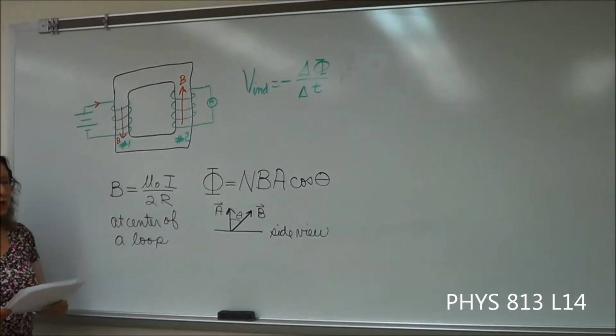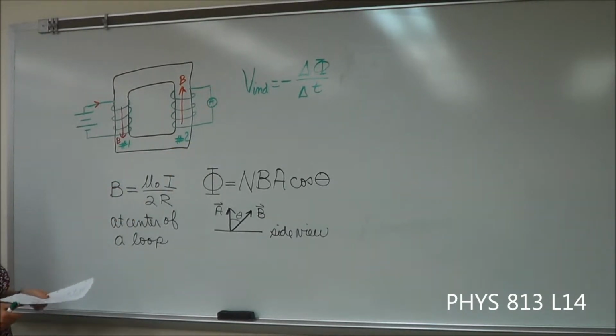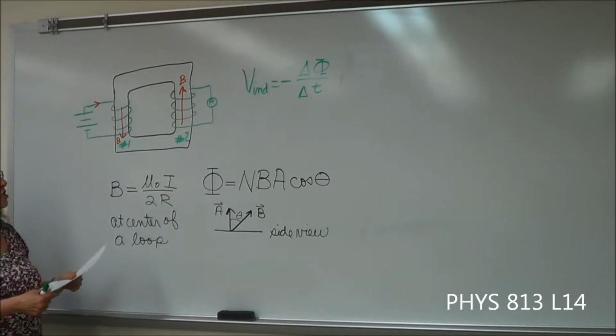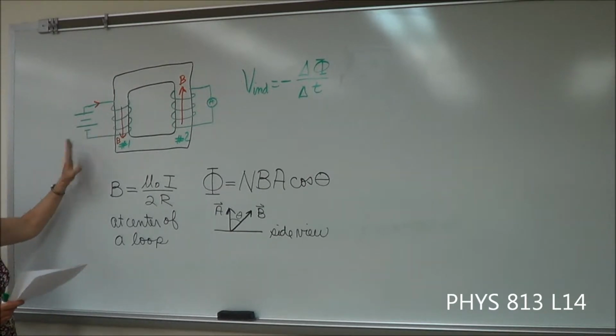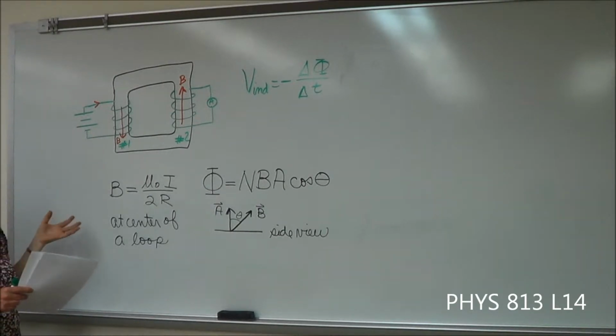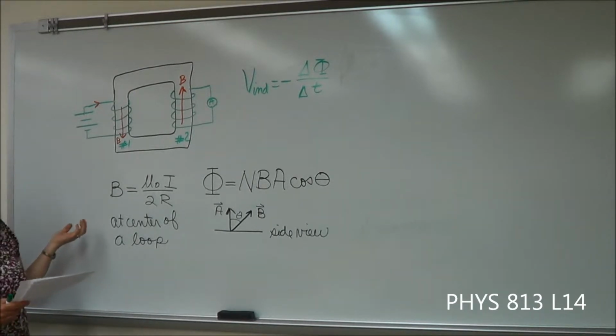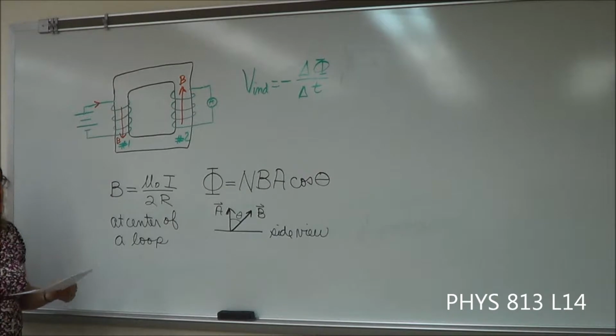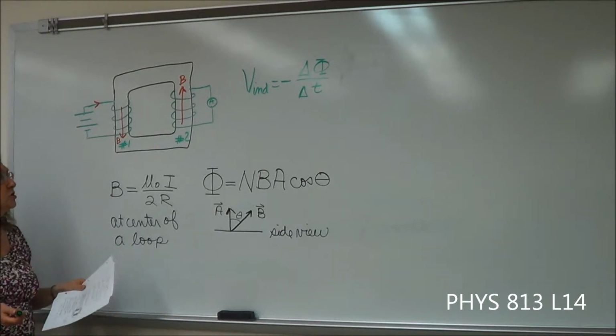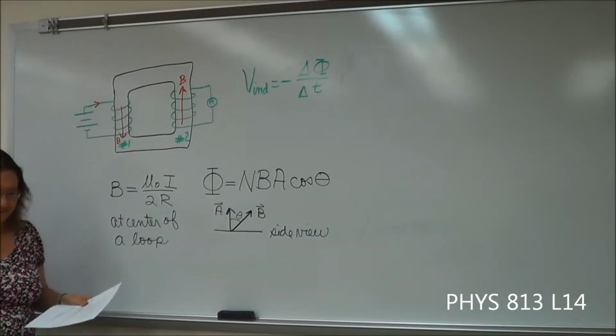It doesn't hurt a transformer. It's just that when you first close the switch, there will be a little momentary response and then nothing else happens. So there's no point in connecting a transformer to a direct current.